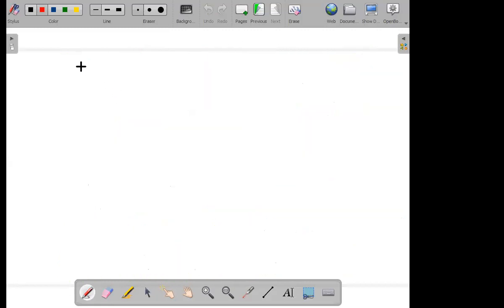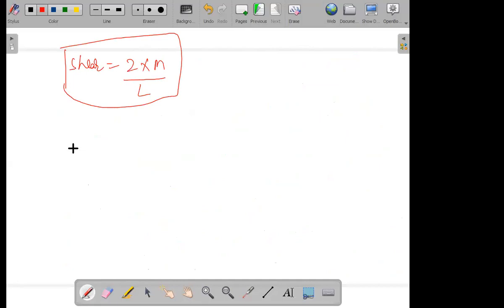Okay. So you know the shear in beam formula: 2 times moment in that beam divided by length of that beam. Similarly, what is the shear in column? Same, 2 times the moment in that column divided by height of that column.